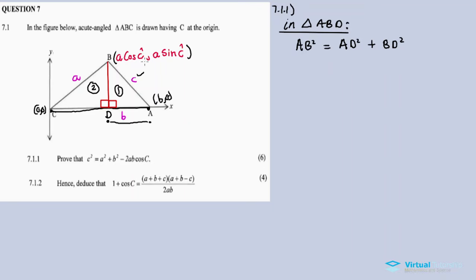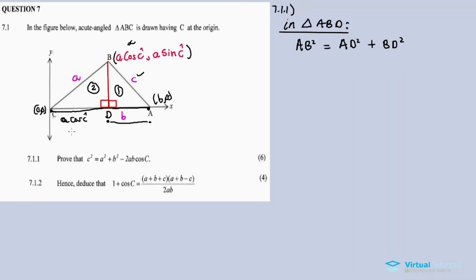But luckily, since it's in my coordinates now, I can find the length of CD. The length of CD is in fact the x coordinate of B. The distance from C to D is the x coordinate of B. So therefore, it's A cos angle C. From C to D, it's this length.